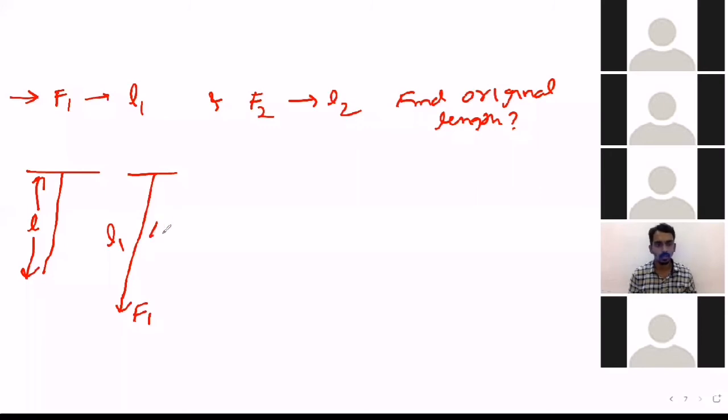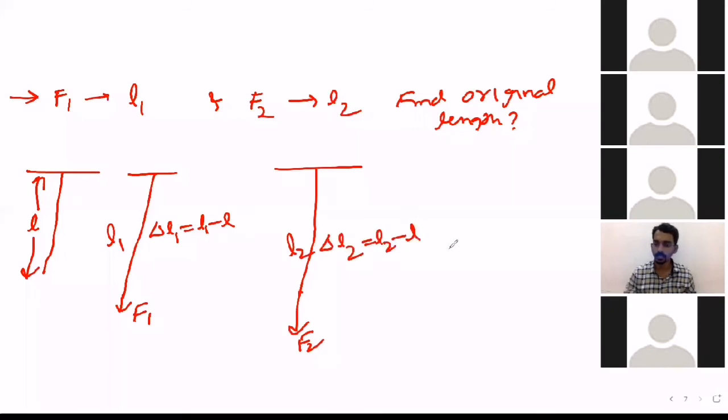Now the length became L1. So the increase in length is final length minus initial length. Now you remove it and apply F2. Now the total length became L2. So the increase in length is L2 minus L.